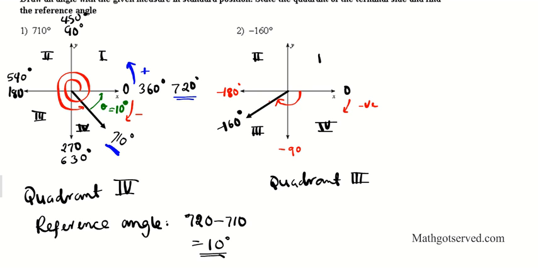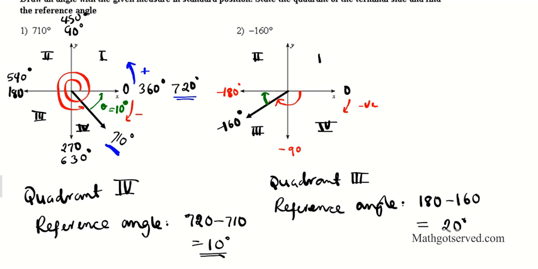So how many degrees is it from here to here? This is 160 and this is 180. The difference will tell us what the reference angle is. So the reference angle is simply 180 minus 160, which is 20 degrees.